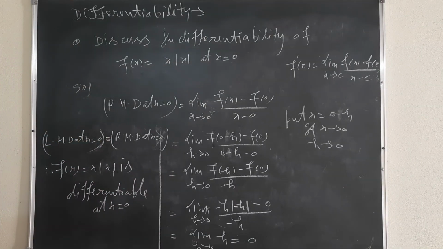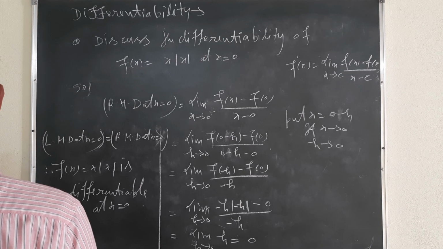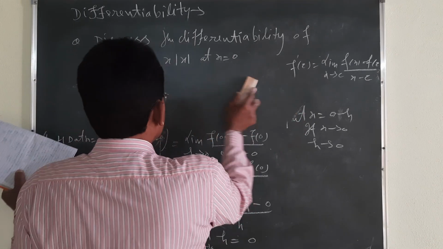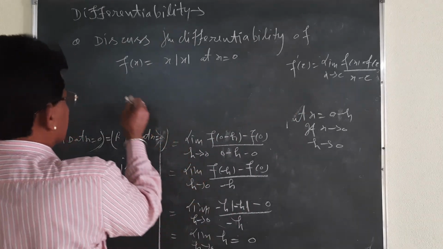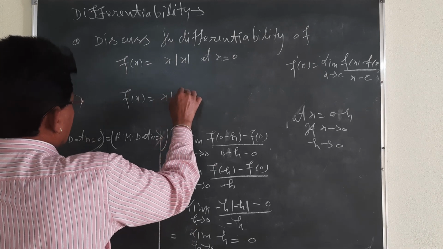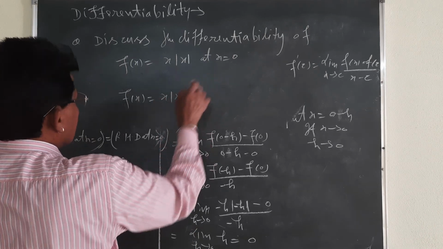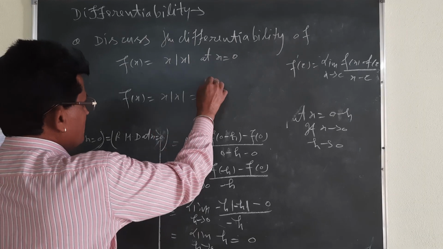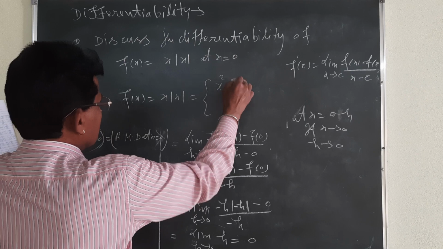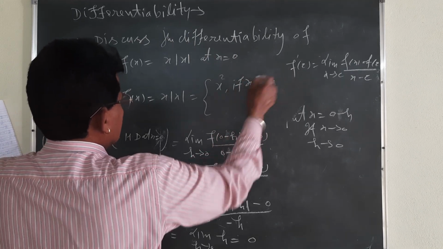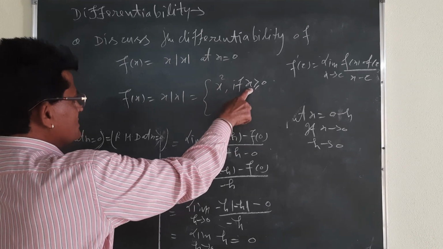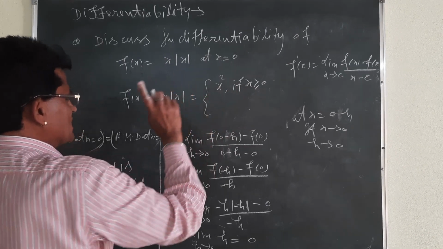But one more thing, I told you this method because I want to apply a similar kind of method. You can change f(x). f(x) will be equal to what? It will be equal to x into x, that is x square, if x is greater than or equal to 0, because then it will be positive.